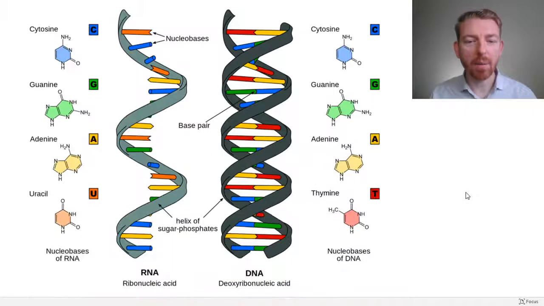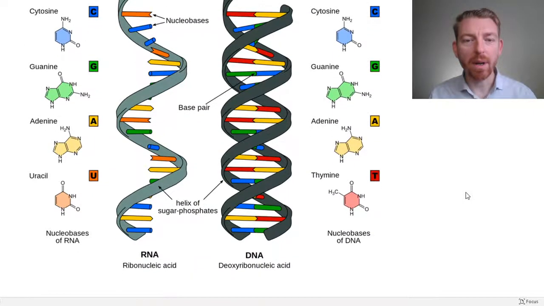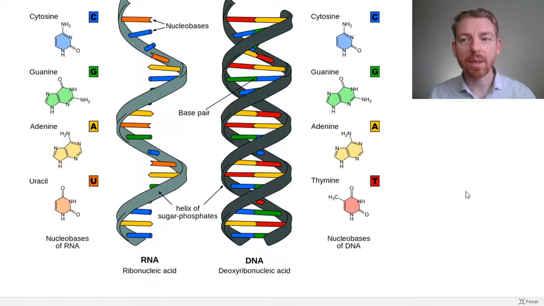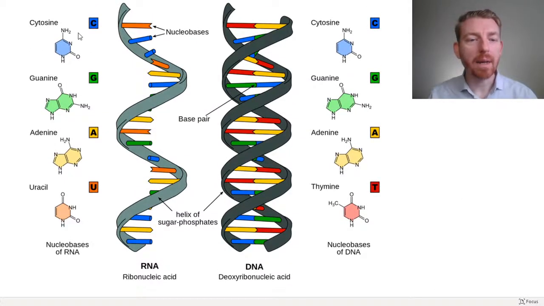So let's have a look at what that looks like in practice, where we've got a double-stranded DNA and here a single-stranded RNA. Again, these nucleobases are colored in accordance with what's shown on the side here. And the backbone is the ribose with the phosphate connecting them. In all cases, you'll see the red is joined to a yellow, so this is the thymine and adenine, or a green with a blue, so cytosine and guanine. And that has to be consistent again because it's going to bond with either 2 or 3 hydrogen bonds.